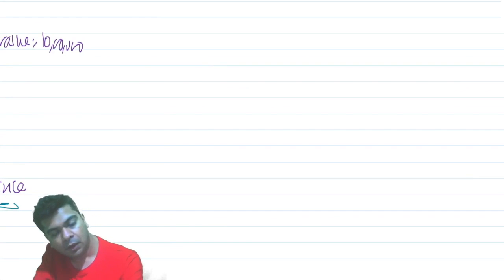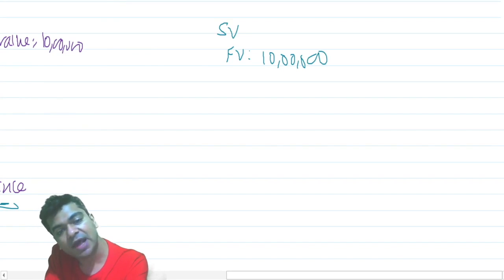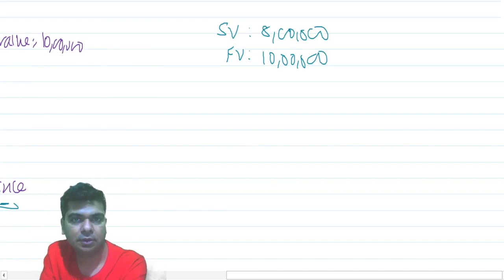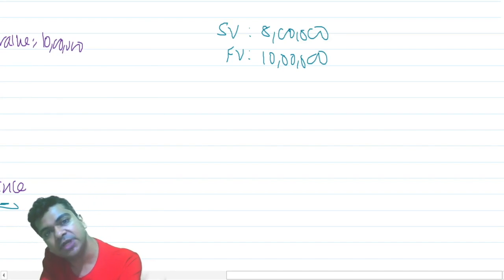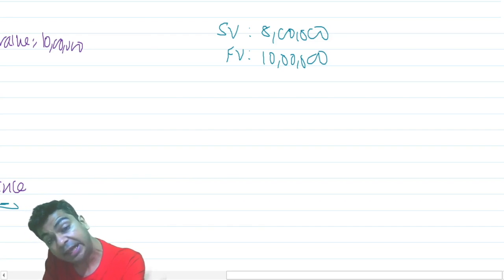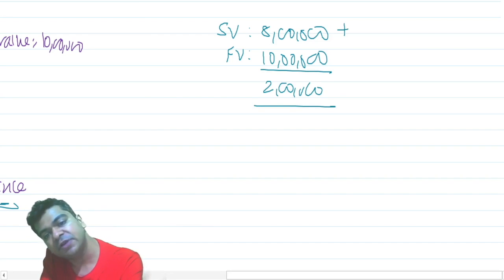What is the other possibility? Well, the other possibility is that the fair value is 10 lakhs, but the sales value decided is only 8 lakhs. So this time the sales value is turning out to be less than the fair value. What to do now? Ind AS 116 says that whatever is the difference, here 2 lakhs, should be added to the sales value.